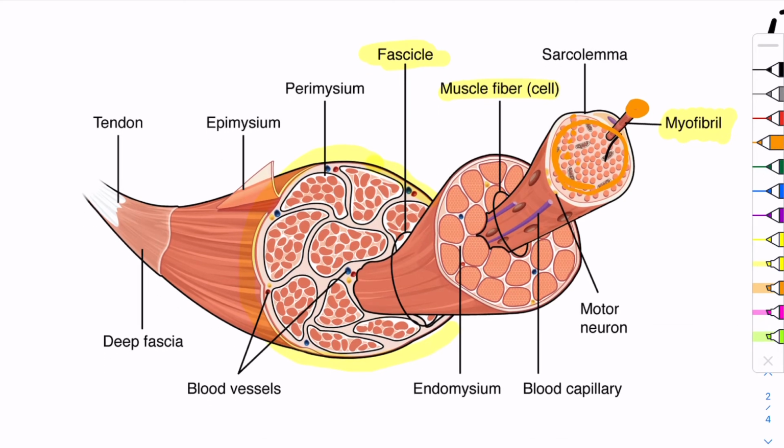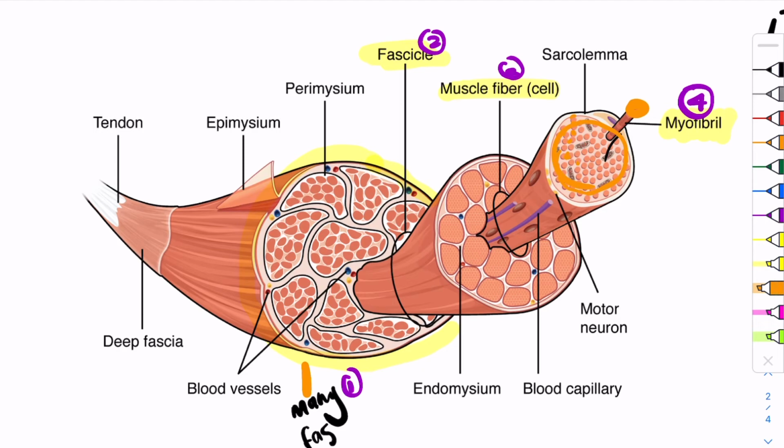And a muscle is made up of many fascicles. So basically anything that's big is made up of something smaller, and the next one, all the way goes down to a myofibril. So just order it: 1, 2, 3, 4 from biggest to smallest.